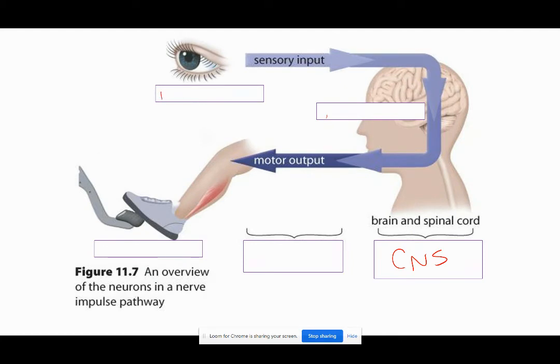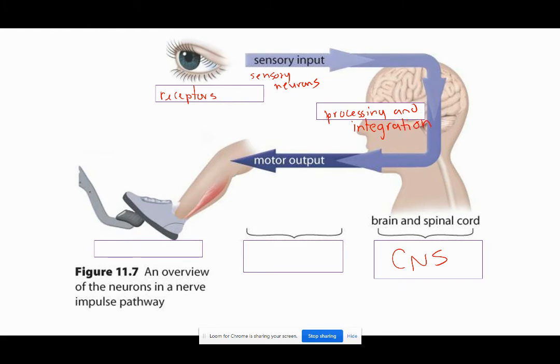Here you would have receptors, and then sensory input would be through sensory neurons. This is, like I said, processing and integration.